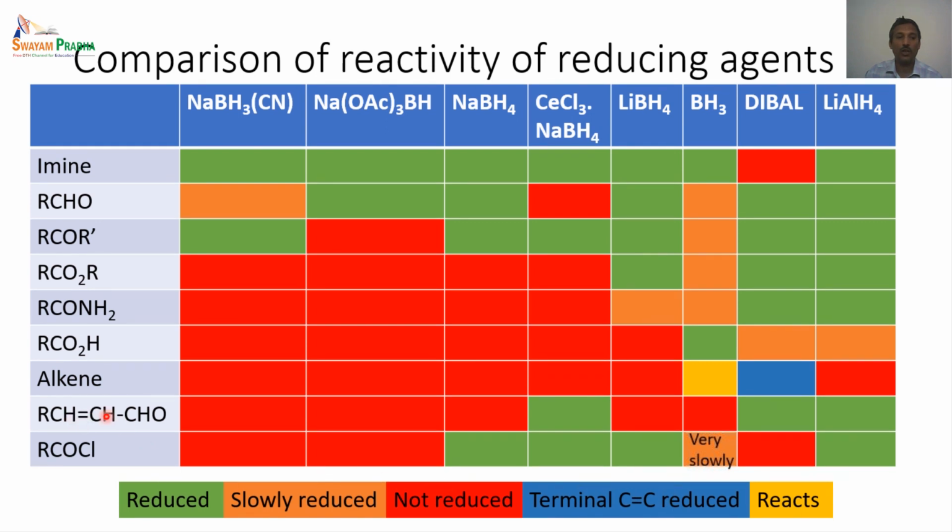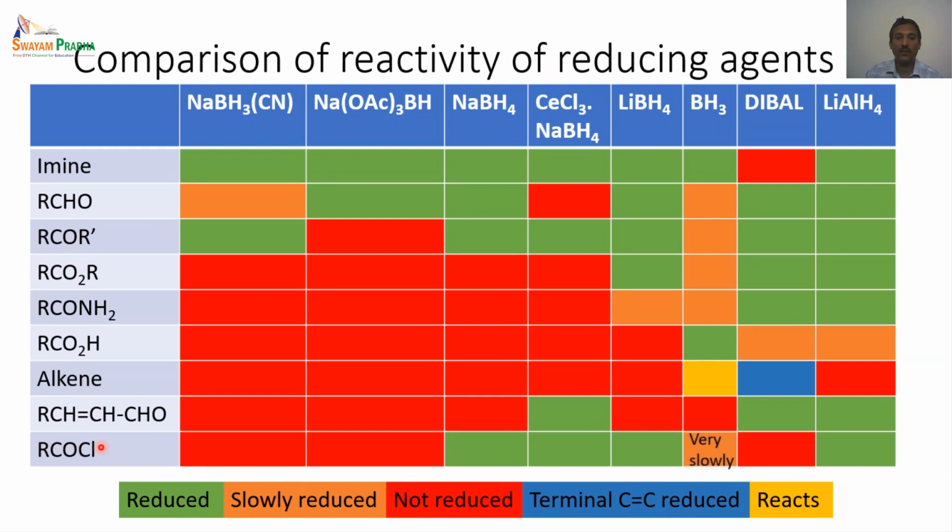And when we talk about alpha beta unsaturated carbonyl compounds, DIBAL-H and lithium aluminum hydride can reduce them. Here the green color means the particular functional group is reduced, orange means they are slowly reduced, red means they are not at all reduced, yellow means it reacts with the particular functional group, and blue means only the terminal double bonds are reduced.